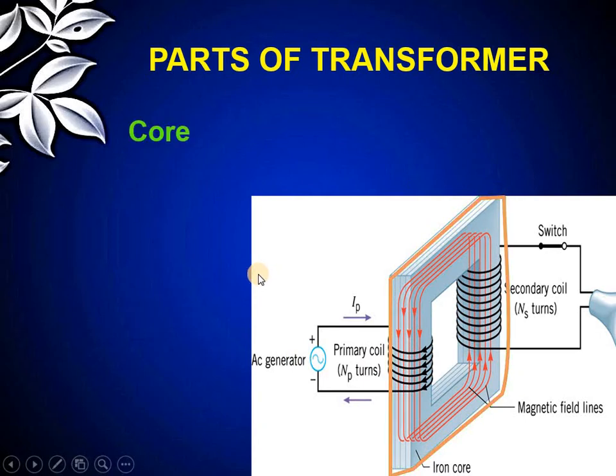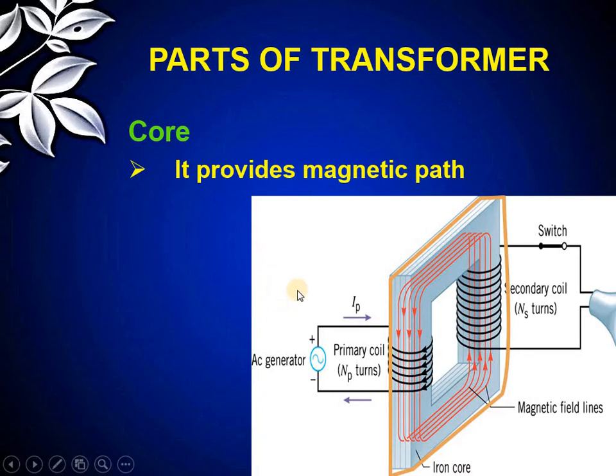Core: it provides the magnetic path. The magnetic field which is produced by applying voltage in the primary coil, the core provides the magnetic path.